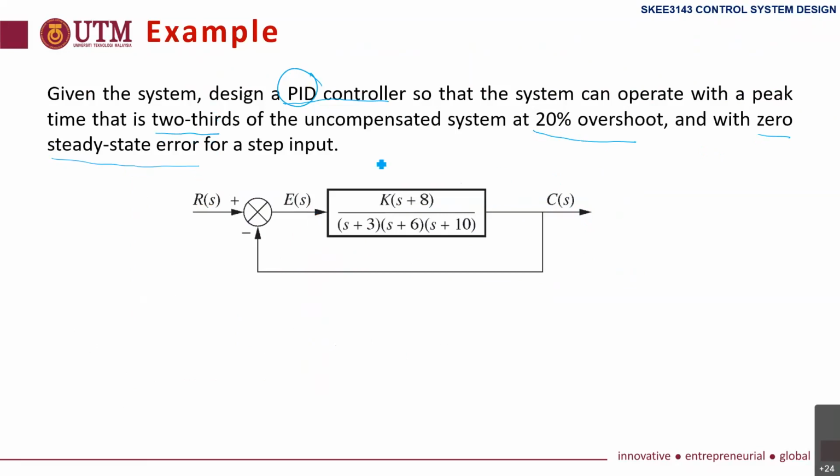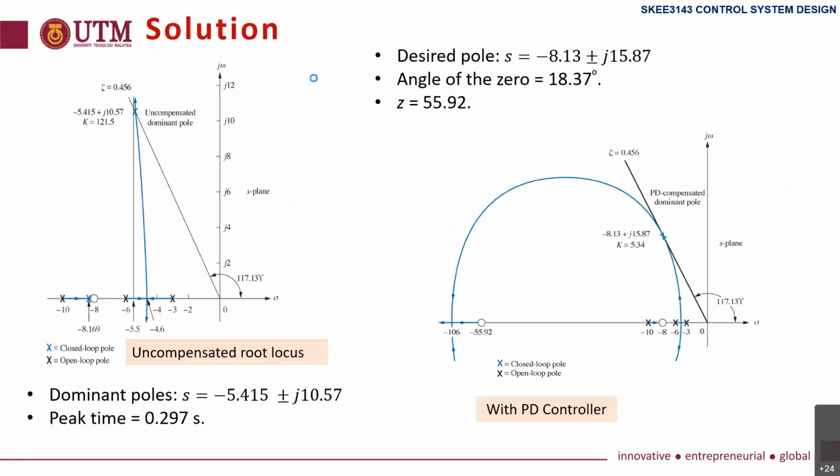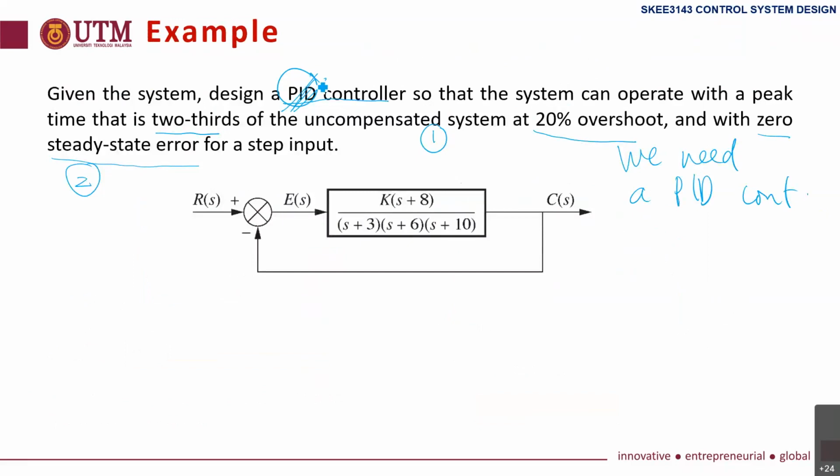Here we want to improve transient response and also reduce error to be 0. Then we need a PID control. Sometimes in the question they did not mention PID, just design a controller. So based on the specification, you have to decide which controller to be used. Okay? So let's start.